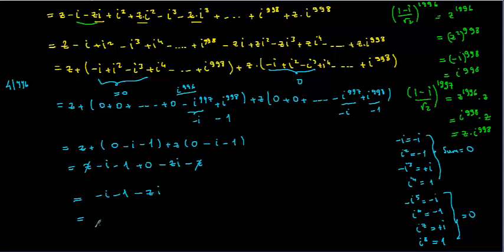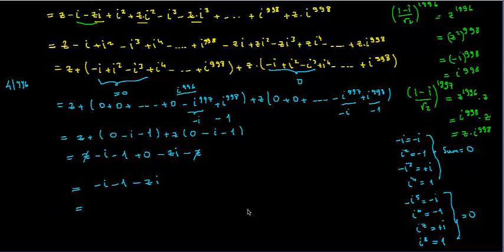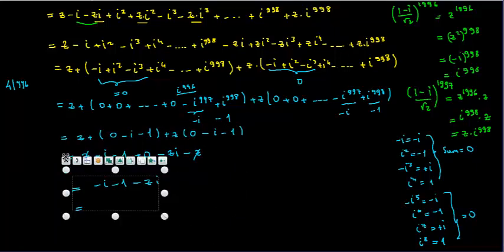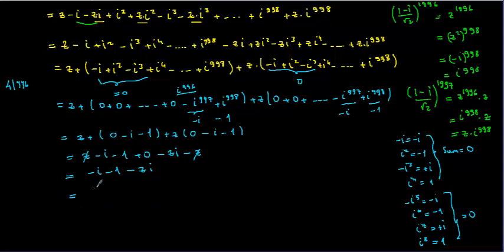Now this is the end of the question, that's why I can write instead of z what it is. Here I'm going to get a bit closer because I don't have space. Okay, then I'm going to continue.